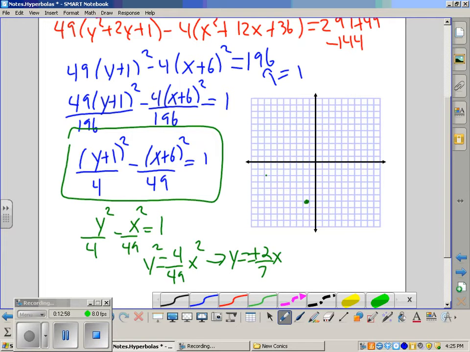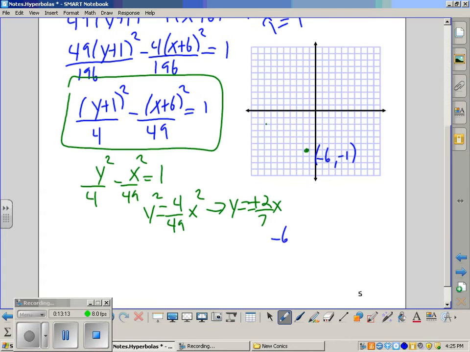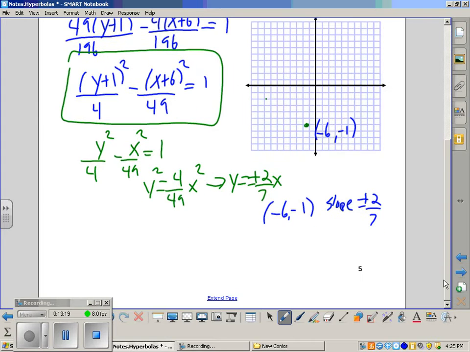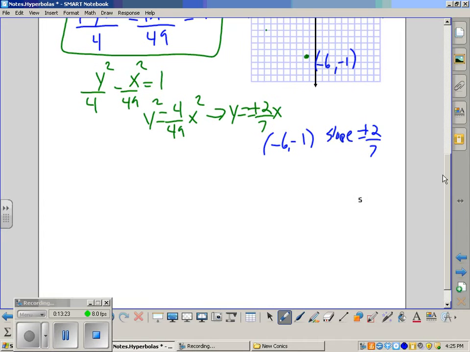If you know the slope of a line and you know a point on the line, you can write the equation of a line. We did that earlier in the year. That should be really easy. So the point on the line is -6, -1, and the slope is plus or minus 2/7. So we're going to plug into Mr. Morrissey's favorite equation of a line, the point-slope form.